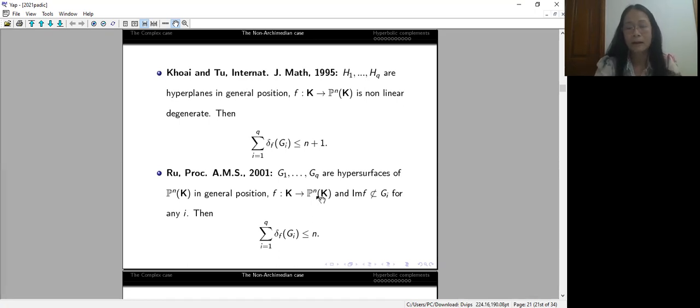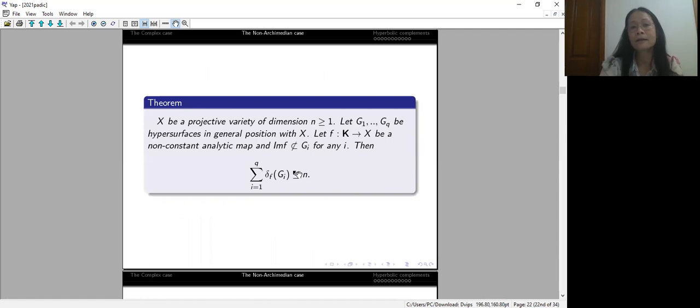So I improved it to any variety of dimension n, and I can also get the bound n. And the proof is very simple. So this is the general Ru result, from projective space to any projective variety.